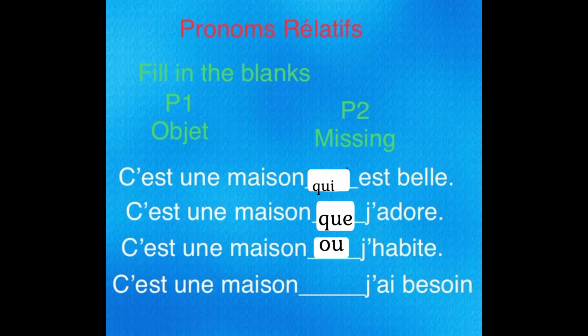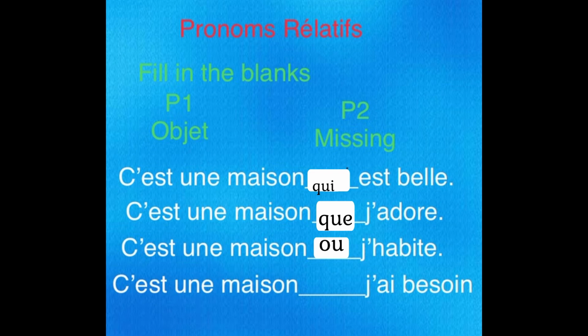Now, the fourth sentence. C'est une maison dash j'ai besoin. Now, the object given to us in phrase 1 is une maison and the part given to us in phrase 2 is j'ai besoin. Now, it translates into: this is a house dash I have need.